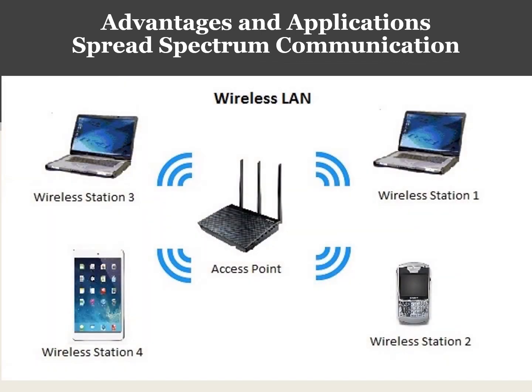The next application is the WLAN, which we are all familiar with. Wireless local area networks widely use spread spectrum communications. IEEE 802.11 is the standard that was developed for mobile communication and is widely implemented throughout the world. The standard defines three types of physical layer communications.